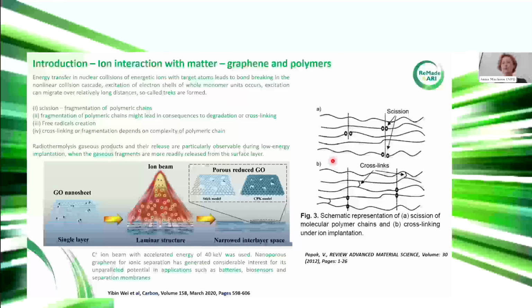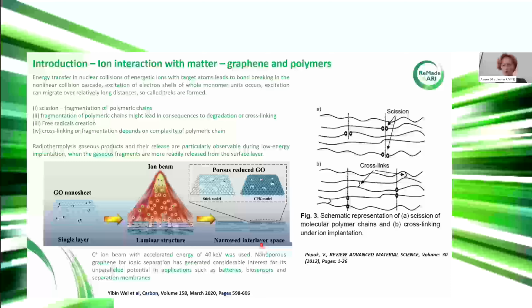So we have to take radiolysis into account. It means decomposing or escaping of volatile compounds under the ion beam, or also thermolysis, because heat is not transferred well in polymers, and this is how the polymers are modified.